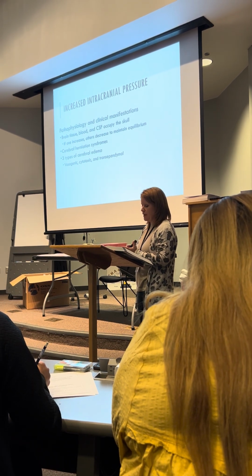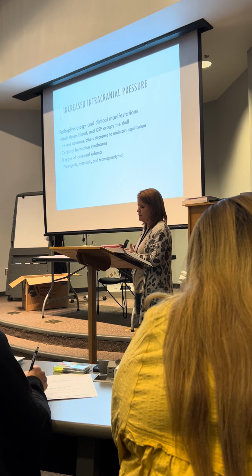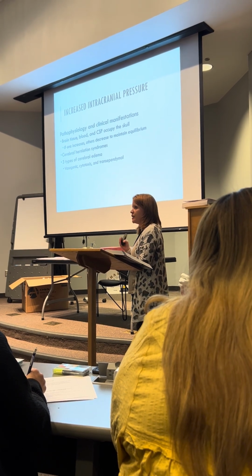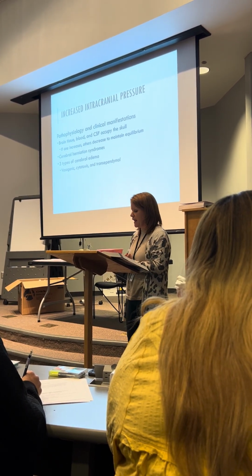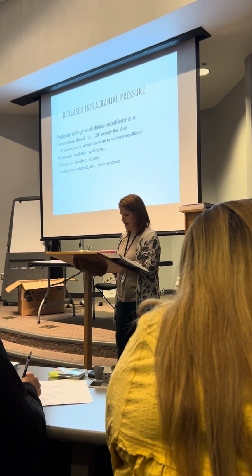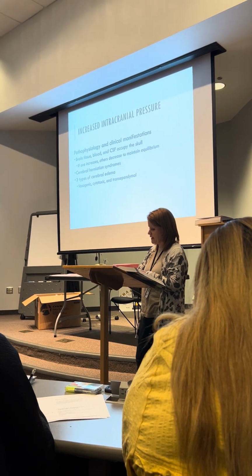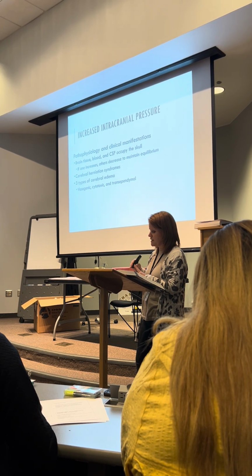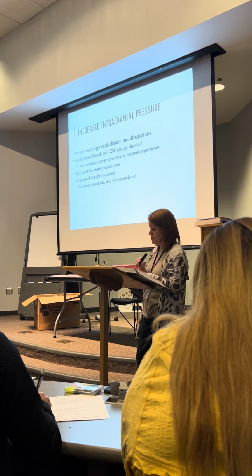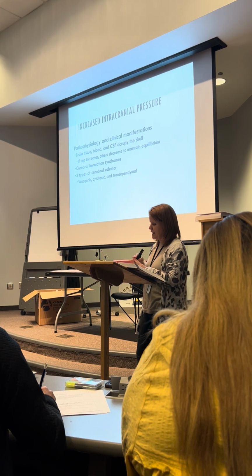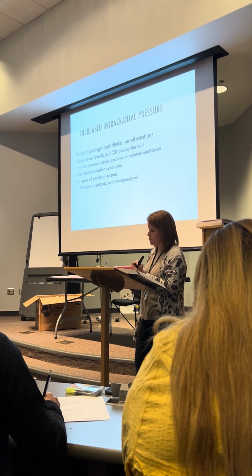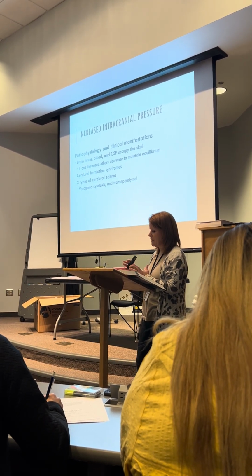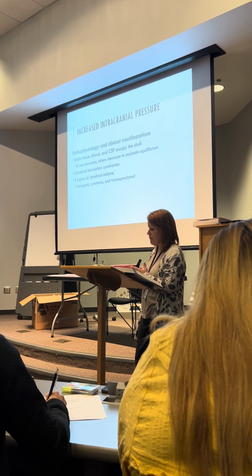But the later symptoms and clinical manifestations you're going to see in the client are identified in the Cushing's triad. The client shows an increase in systolic blood pressure and a decrease in diastolic blood pressure, which leads to a widening pulse pressure.